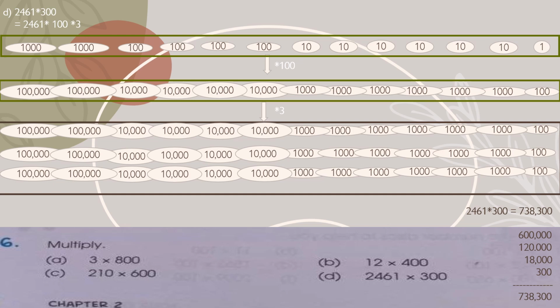When these discs are further multiplied with 3, we will have 600,000, 1,20,000, 18,000 and 300. When we add all these numbers, the resultant becomes 7,38,300. And this is our correct answer.